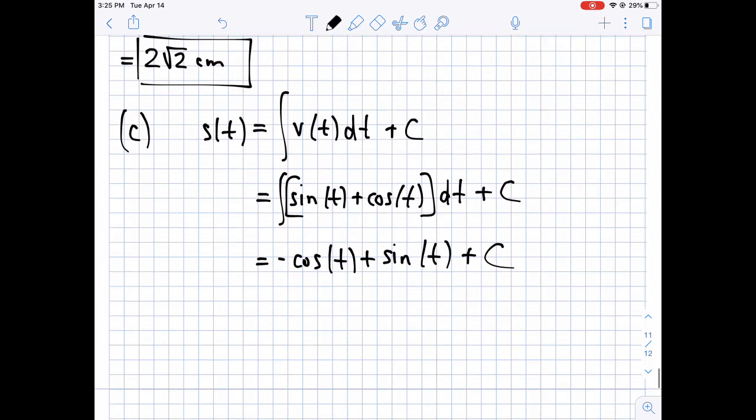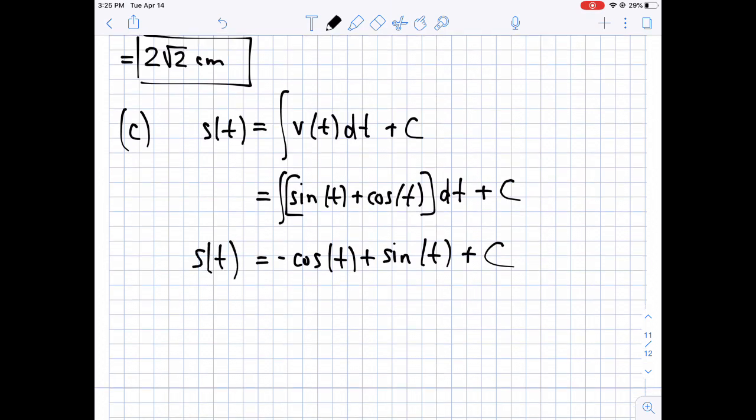And so this is what our position function looks like, but we need to figure out what this constant is going to be. Just to differentiate from what we were doing before, let's call this constant C2 rather than just C. Now we want to find C2, using for this one our initial displacement.